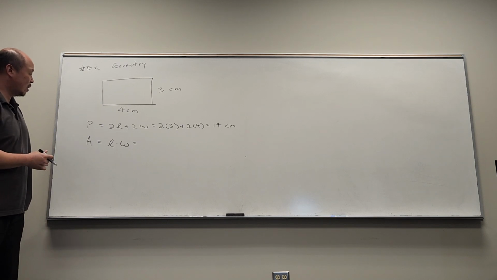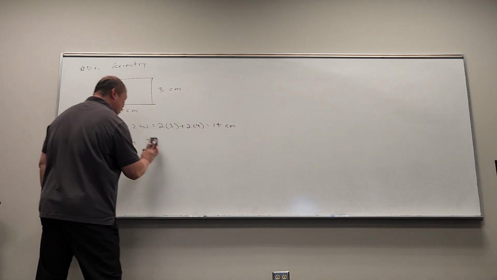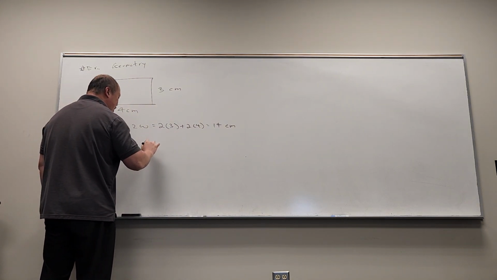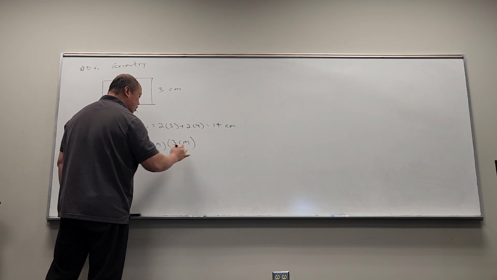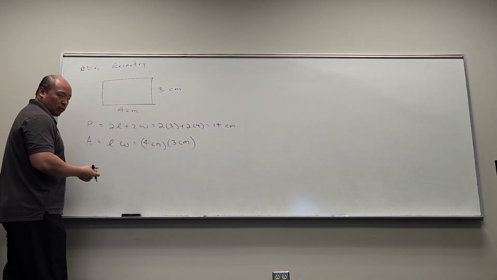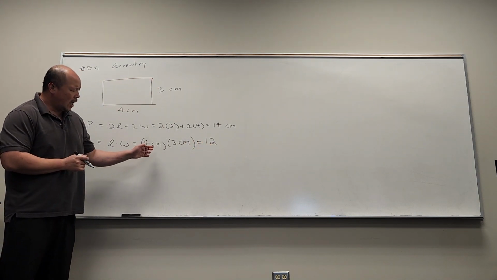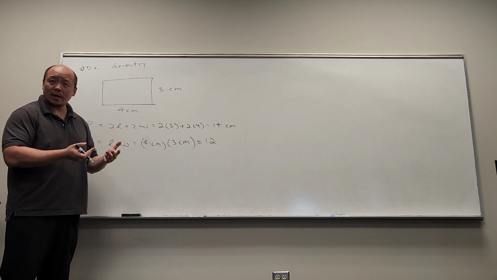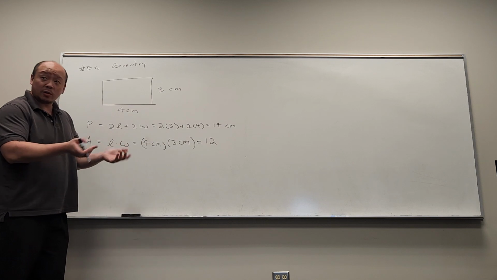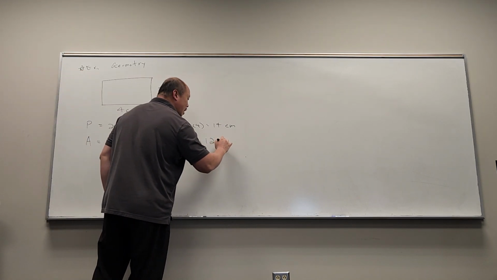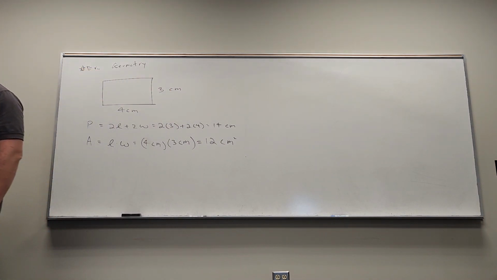Whereas area is always length times width. In our case, the length is 4, so 4 centimeters times 3 centimeters. And 4 times 3 is 12. And you're like, wait a minute, I have centimeter multiplied by centimeter. Well, if x times x is x squared, or 2 times 2 is 2 squared, centimeter times centimeter will be square centimeter.